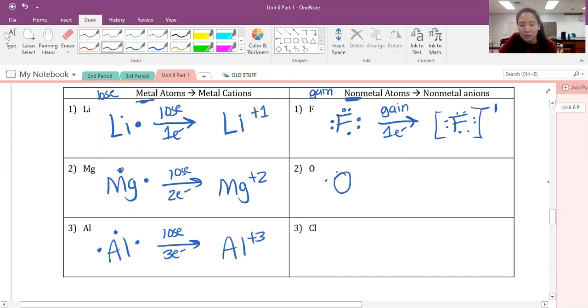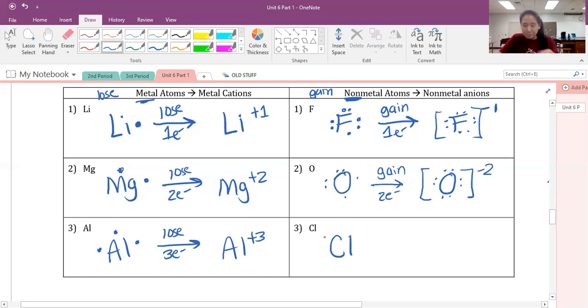So oxygen here originally has 6. So if you have 6 and you want to get to 8, you gain 2. So if you were to see this in its full glory here, you would see 8 dots and -2, it gained these 2 extra electrons. Chlorine's the same thing here. Or actually, I prefer to do another example here.